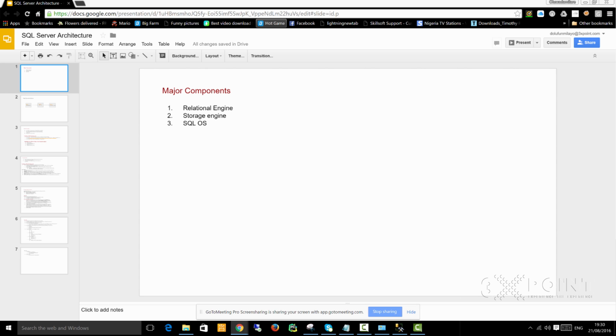So you need to deal with it based on the understanding of the architecture of the RDBMS solution you're working on, because they have a wide range of differences. So that's very important, and that's the reason why I've chosen to discuss the architecture first before we move on to other things.